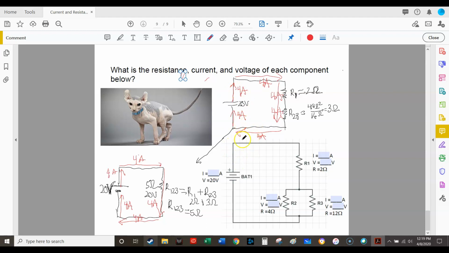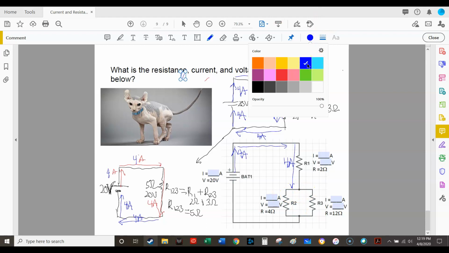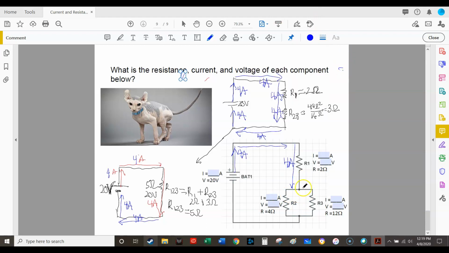And then backtracking further to our beginning, that means 4 amps was leaving our battery in the beginning, traveling across. All 4 amps is traveling down through R1. It's then being split up at this junction into 2 different currents, and I'll just use blue and green again.